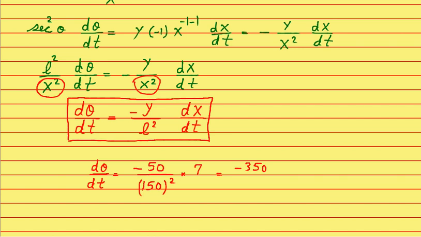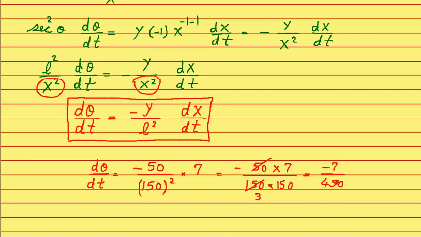Let's just do minus 50 times 7. Let's write 150 and 150, simplify before we multiply. I can simplify by a factor of 50, get 3 here, minus 7 over 450.